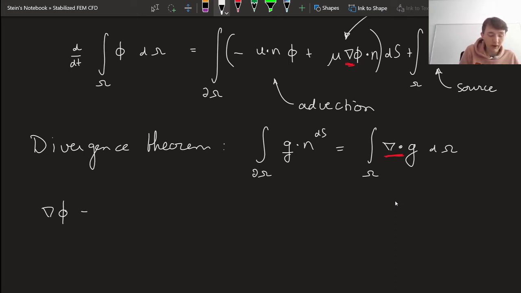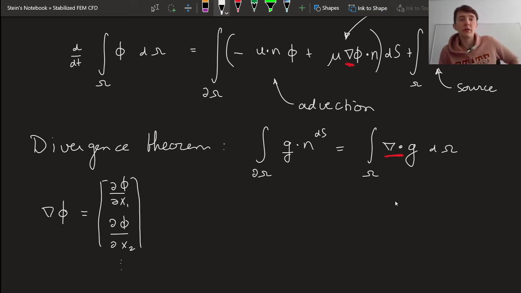And it produces a vector, a vector of partial differential operators in this manner, depending on the dimensionality of our physics. This could be 1, 2, 3-dimensional.